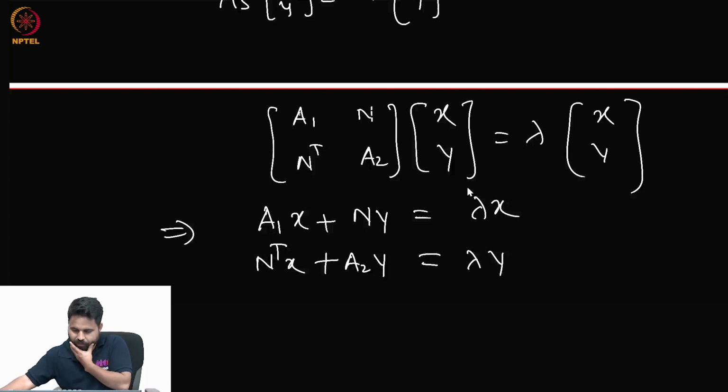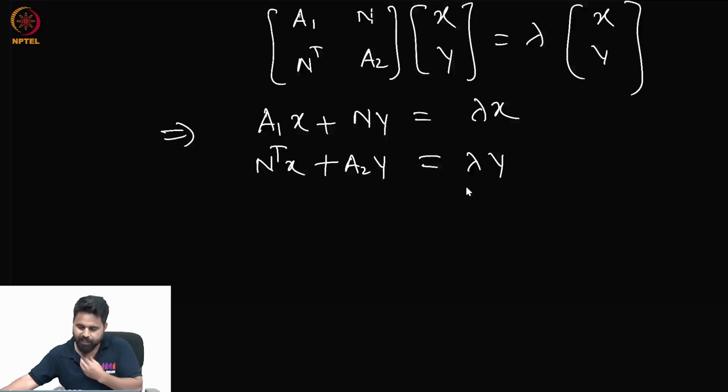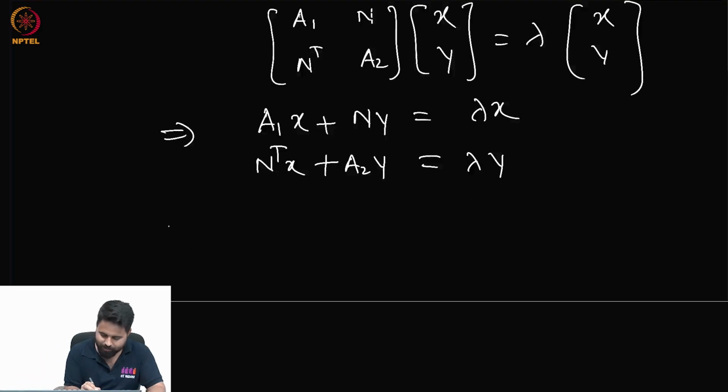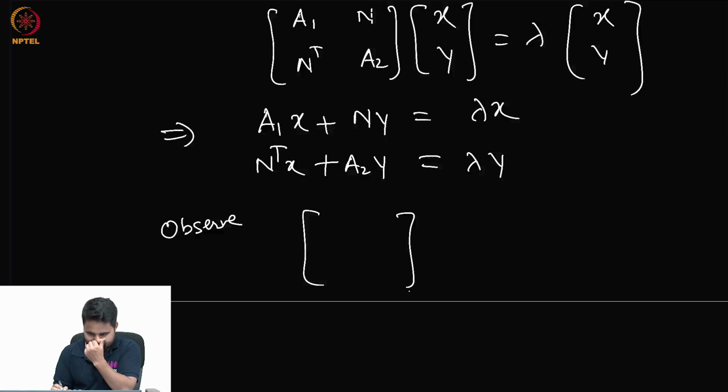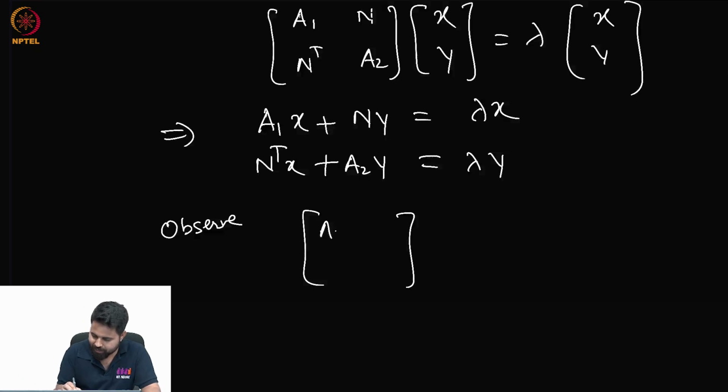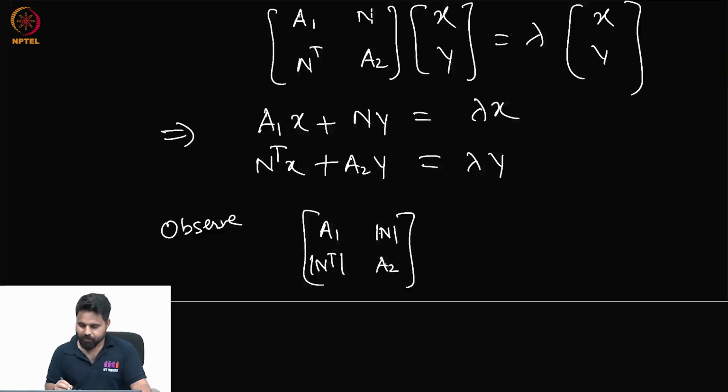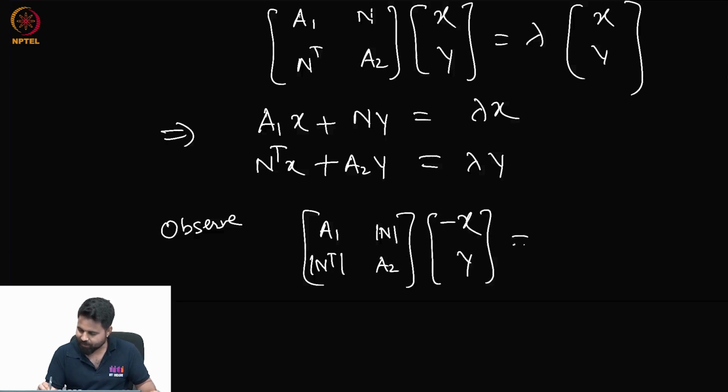Now if you see carefully, let us observe. If you pick this matrix, basically the unsigned version of this, suppose A1 mod, this N and that is A2, you see carefully that you can indeed write this as x and minus y equal to lambda times x and minus y.